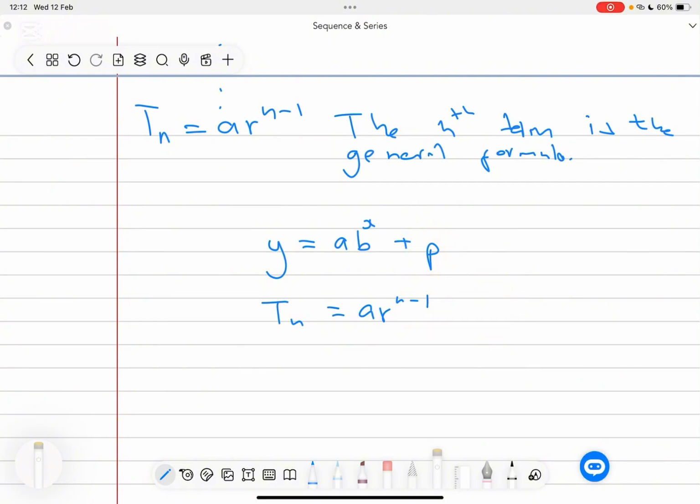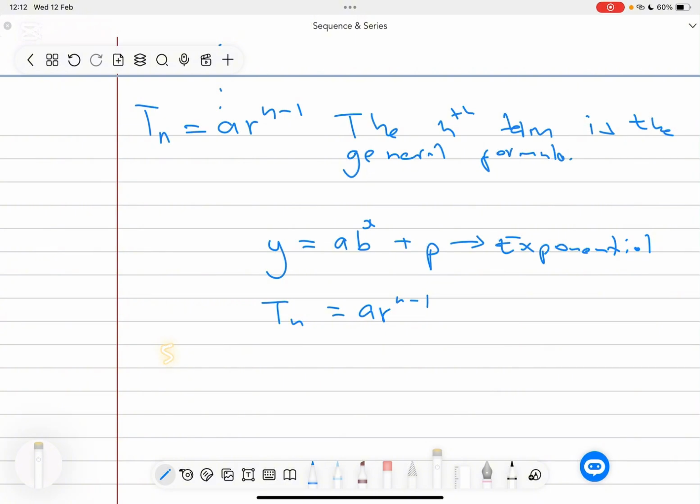So this means that, remember, we called this an exponential equation or function when we were studying exponential functions or looking at the exponential form. And of course, this is a formula for a geometric sequence. Now, for that reason, sometimes a geometric sequence is actually called an exponential sequence.